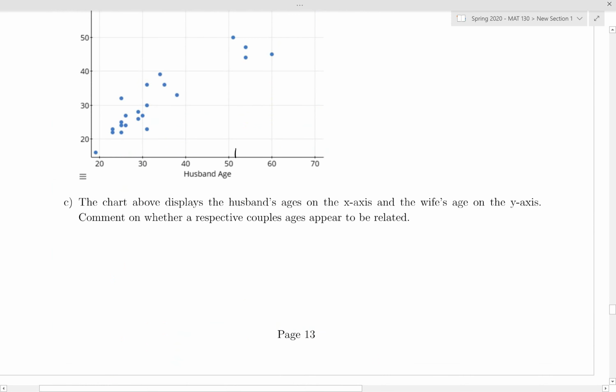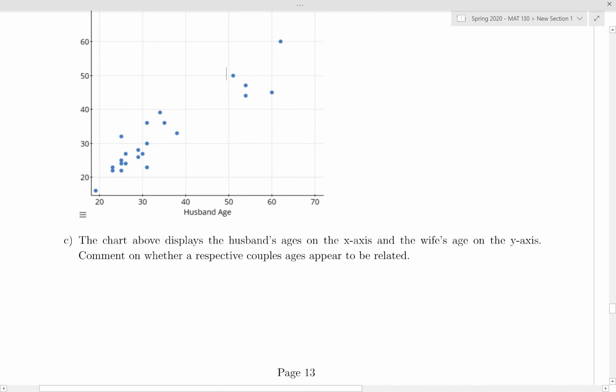So now, based on this question here, I want you to take a second to see if you can answer the following question. Can you comment on whether a respective couple's ages are related or not? So, given a husband's age, is there something you can say about the wife's age or not? All right.